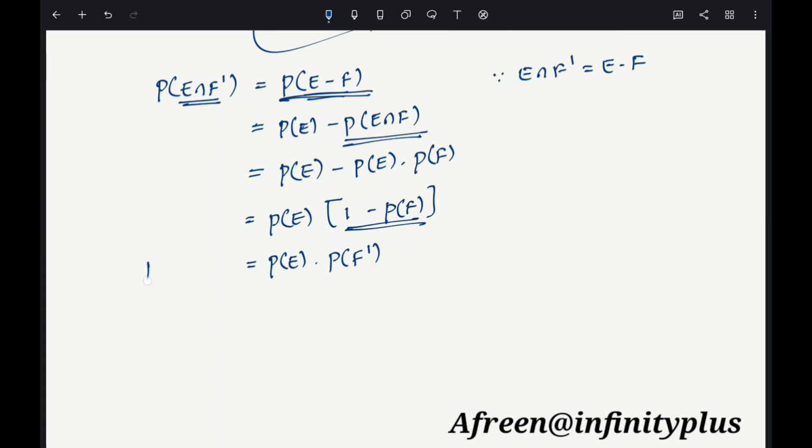So here we have got P of E intersection F dash equal to P of E dot P of F dash. So this is the answer. So we have proved that E and F dash are independent events.